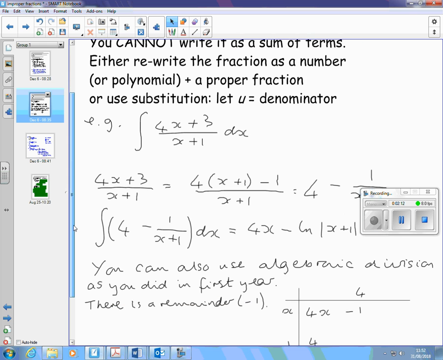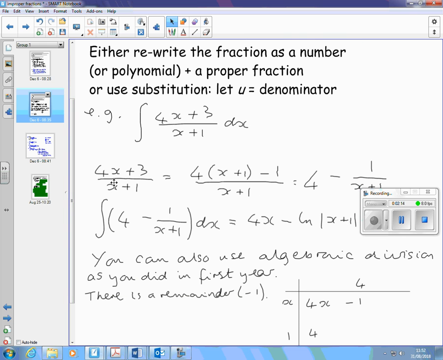For simple ones like this, one way is to think about it as 4x plus 3 could be written as 4 lots of x plus 1. I got the x plus 1 because that's what the denominator was. And then I need to make an adjustment. 4x plus 4 lots of x plus 1 would be 4x plus 4.